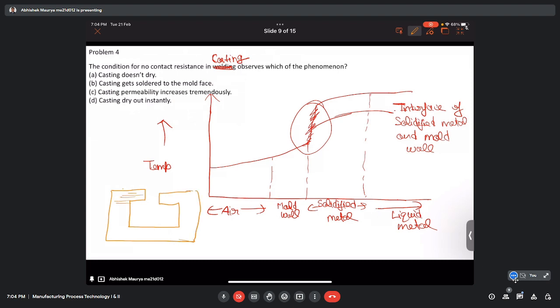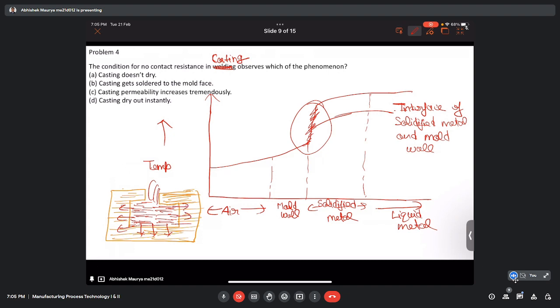Okay, this is, let's say, a metal mold, and it is filled with the molten metal. Since the mold is made up of metal, it has good conductivity. So what will it start? It will quickly start extracting the heat from the molten material.